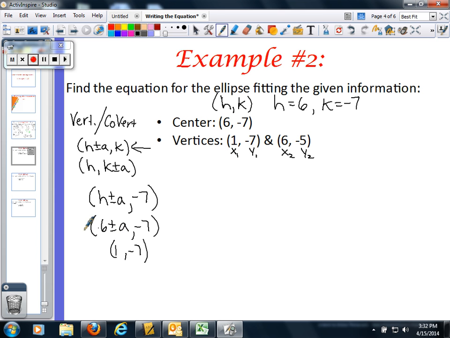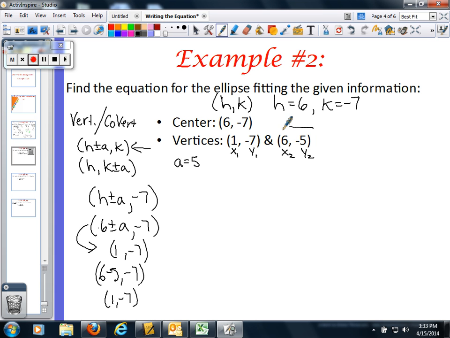So that means for this right here, I am doing 6 minus 5, -7, which gives me the 1, -7. Okay? So right here, A is going to be 5. You can tell that by this right here. So now I have that A is 5.